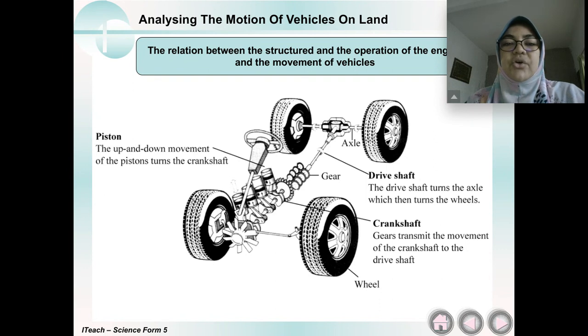Okay, so ini rupa bentuk di dalam kereta, okay, ataupun dalam vehicle lah. Ini adalah engine. This is a four-stroke engine. So ini ialah piston. Okay, piston tu akan bergerak naik turun. Okay, dan dia ada crankshaft.